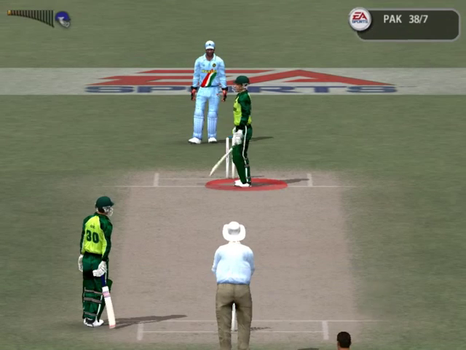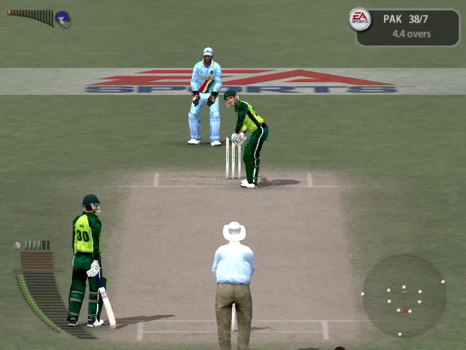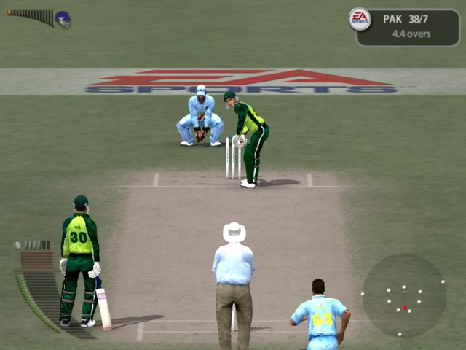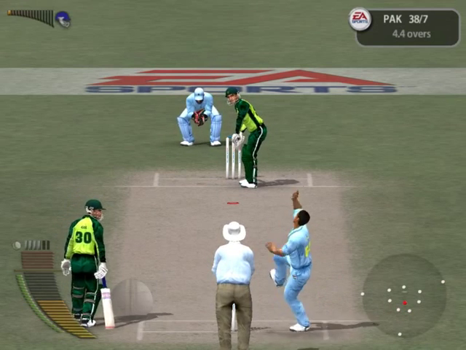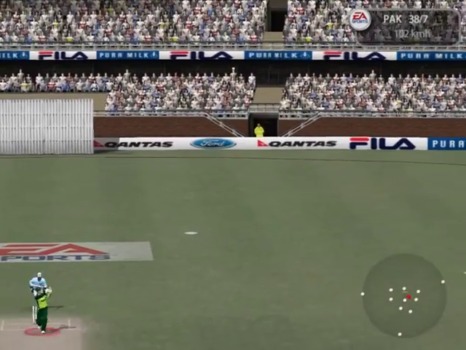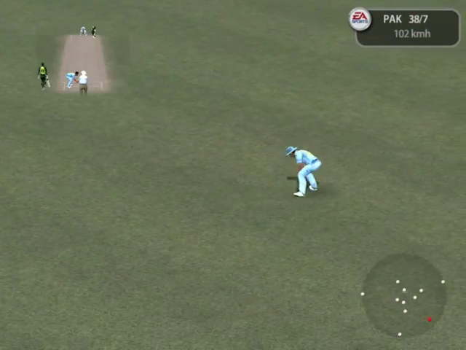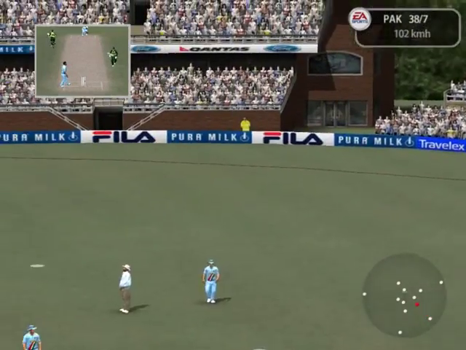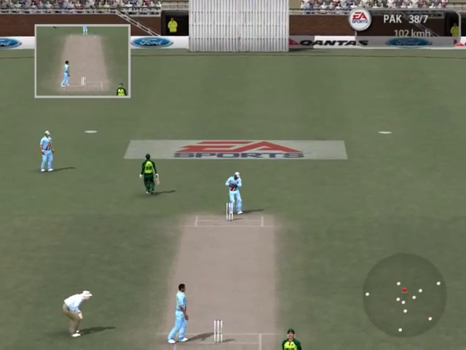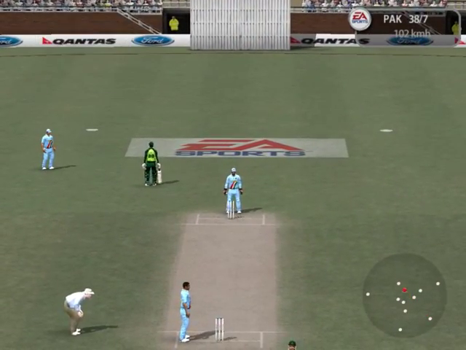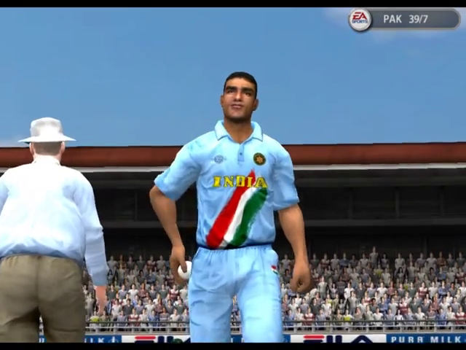It's Nehra to Kamran Akmal. There it goes. Harbhajan Singh is in pursuit. One run to Kamran Akmal.